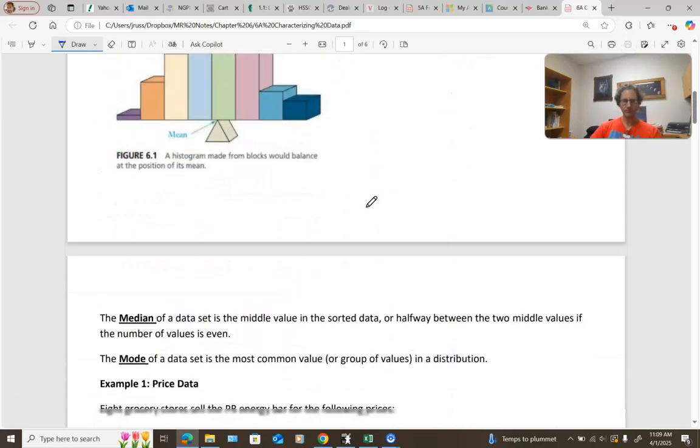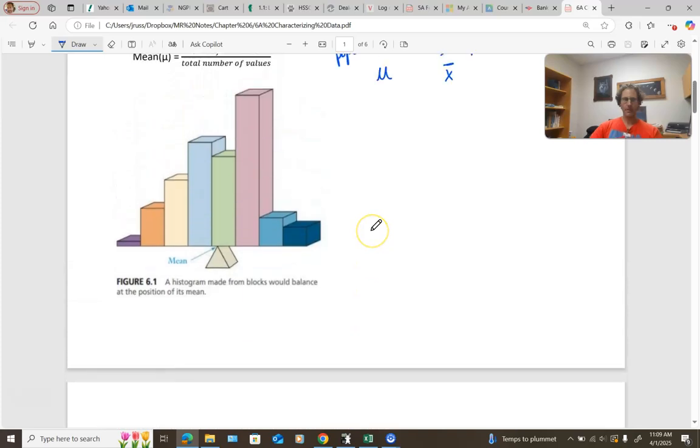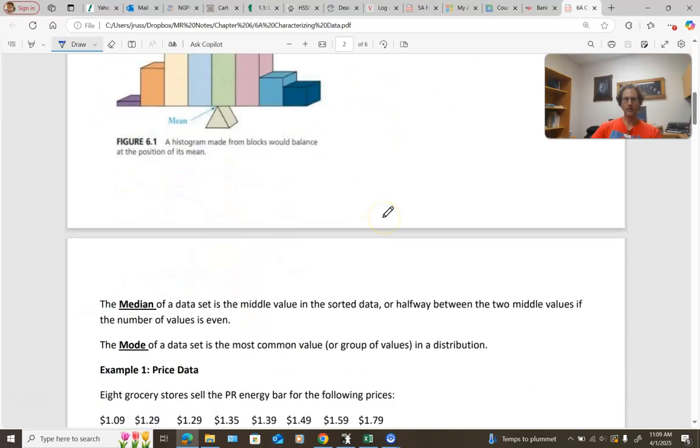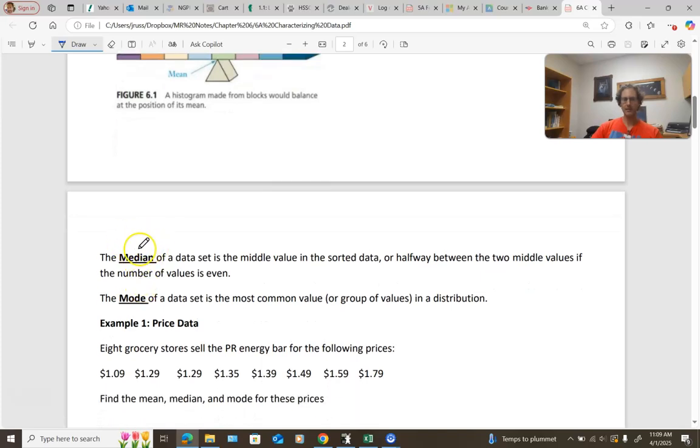So the mean is one way for us to determine the central tendency, or the center of the data distribution. Another way, and lots of times this next measure is actually more accurate, is called the median. Think about the median on a road.